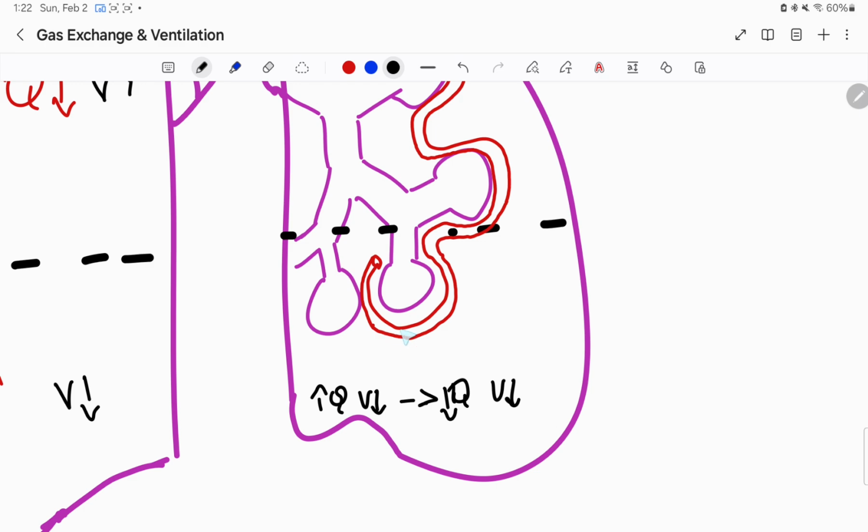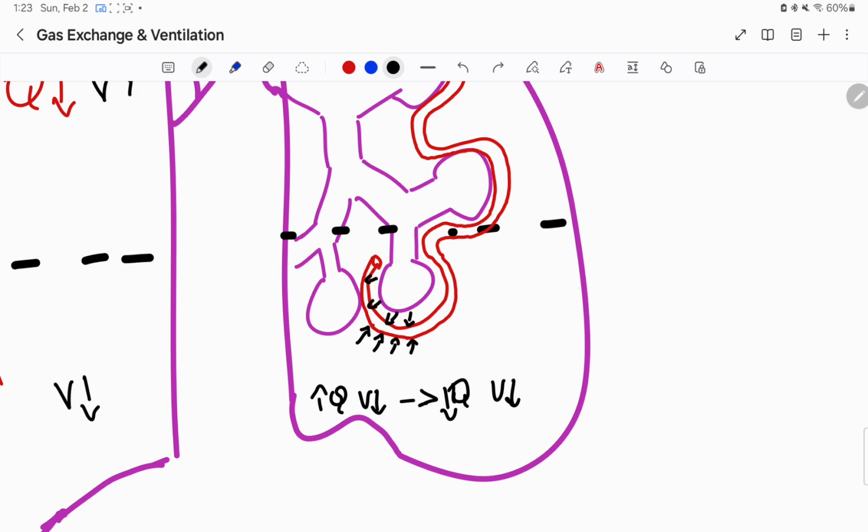Well, we have arterioles that feed into the pulmonary capillaries. What's going to actually happen is I'm going to constrict those arterioles. I'm going to press down on them, okay? And this is an intrinsic mechanism, and I'll tell you why. Arterioles, we'll talk about this again in the cardiovascular, but arterioles have what we know as smooth muscle that kind of lines all around these blood vessels, okay?